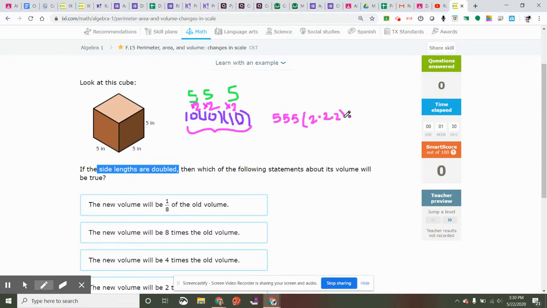What I'm really doing is rearranging my factors, 5 times 2, 5 times 2, 5 times 2, using the commutative property of multiplication.